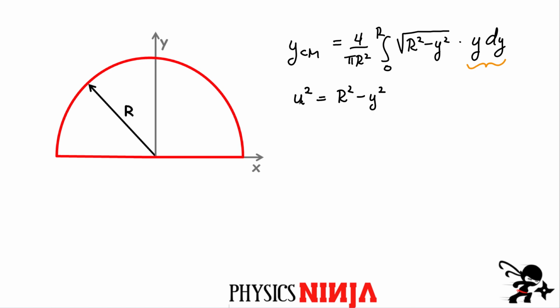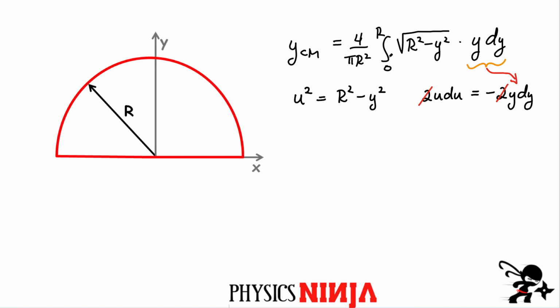If you differentiate both sides of this, what do you end up getting? Sorry, 2 times u multiplied by du. If you differentiate a constant term, you get 0. And here you get minus 2y dy. You can get rid of those 2's. Anyway, you can see that this second factor here is exactly the one that appears right here, which is kind of nice. It makes that change of variable pretty straightforward.